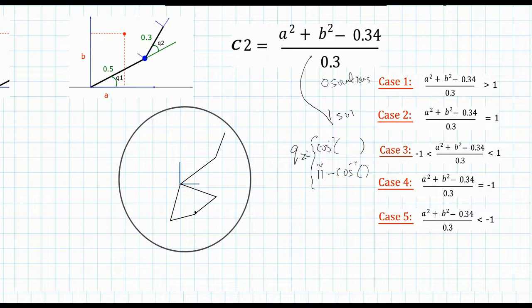So we will have two possible solutions for our case 3, because Q2 can have two values, and these two values would lead to two solutions.